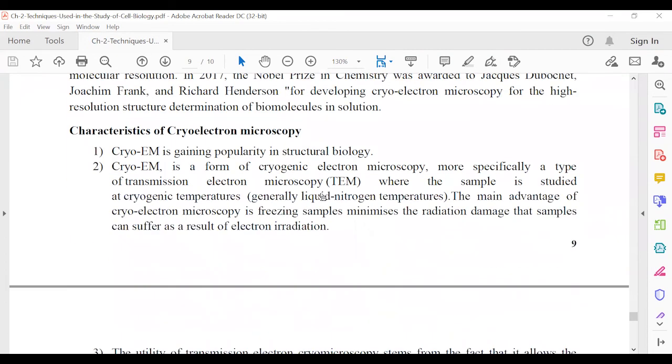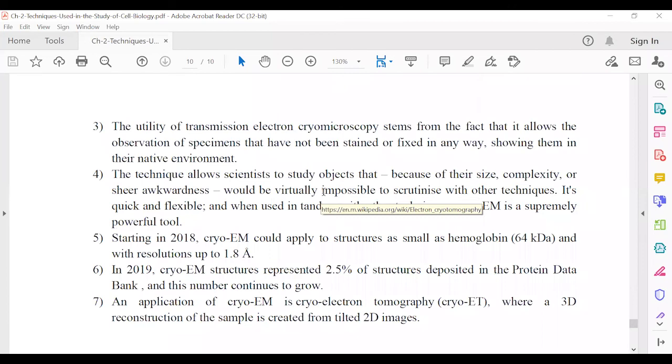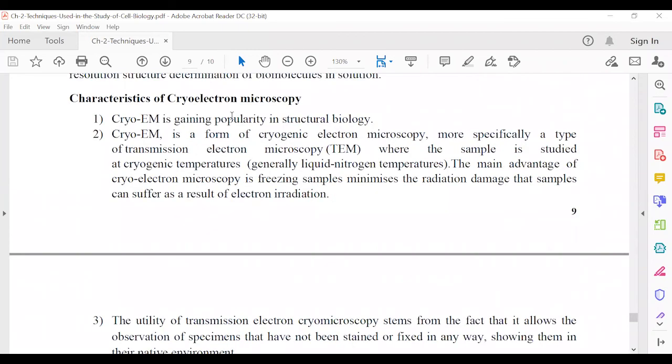Cryo-electron microscopy has some characteristics. It is gaining popularity day by day in structural biology for the visualization of different samples.